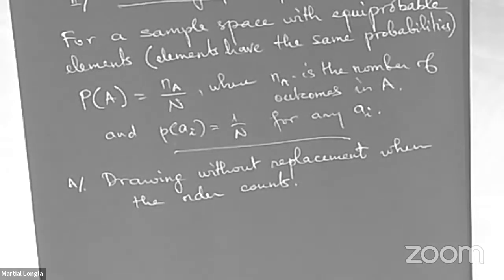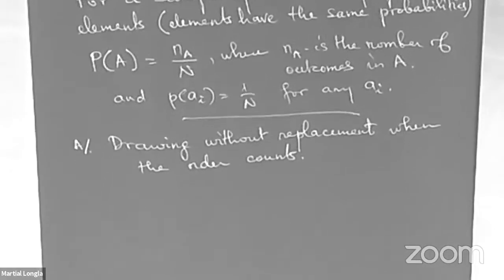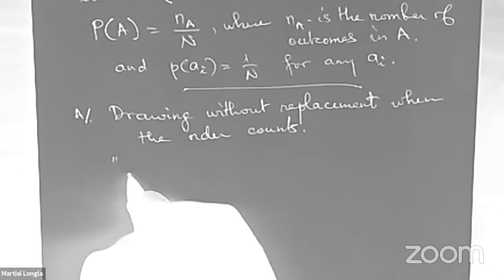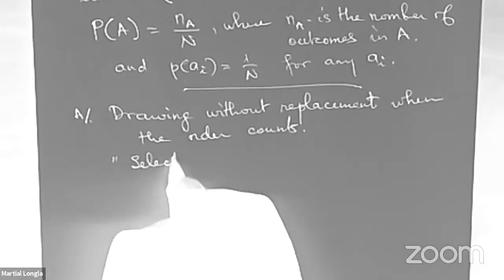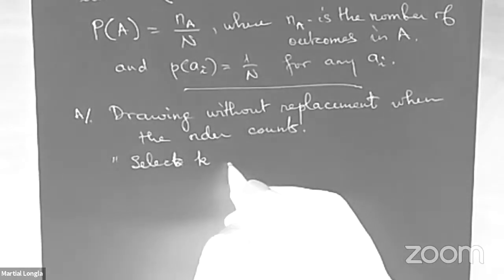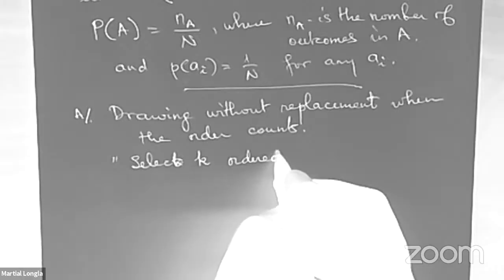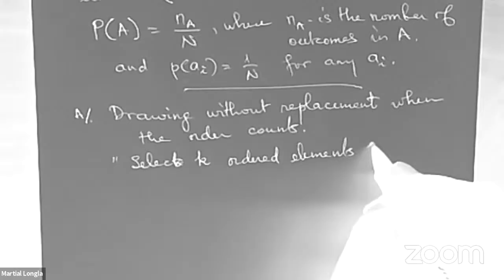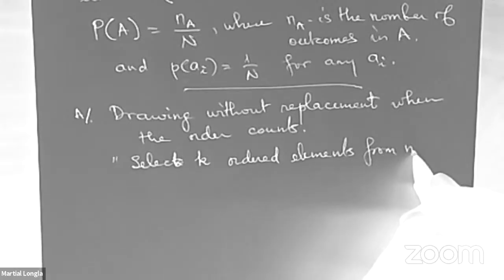So when the order of the elements is important and you are drawing without replacement, how do you find the number of elements that will satisfy a given condition? We always say, for example, select K ordered elements from N.